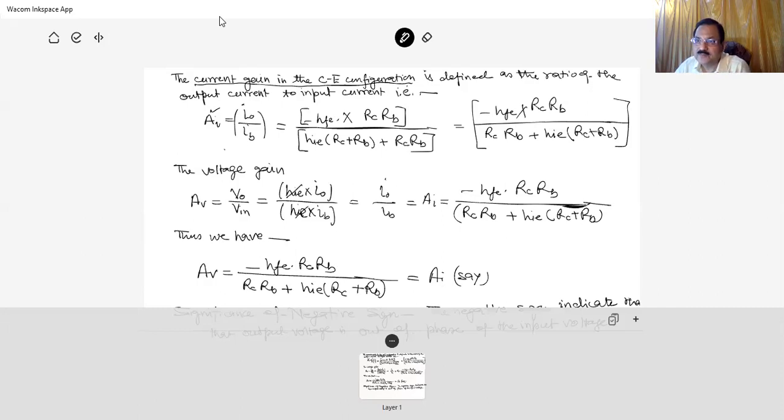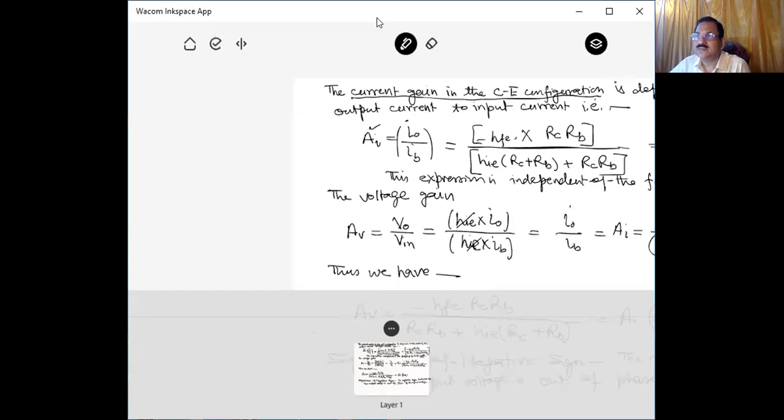So this expression is independent of the frequency, that is why it is constant. So the mid frequency gain is constant because these parameters are independent of the frequency.